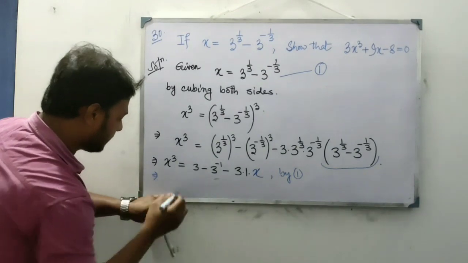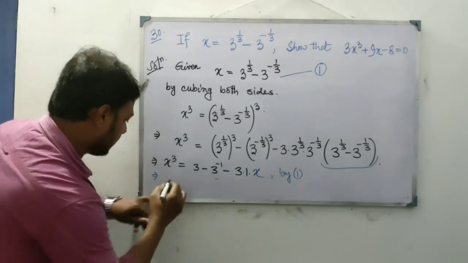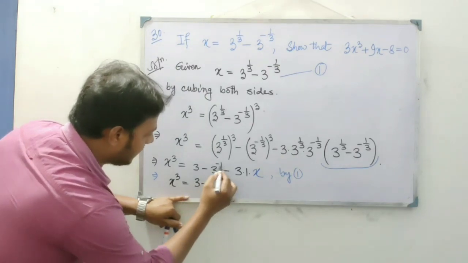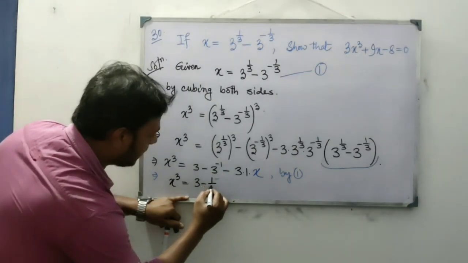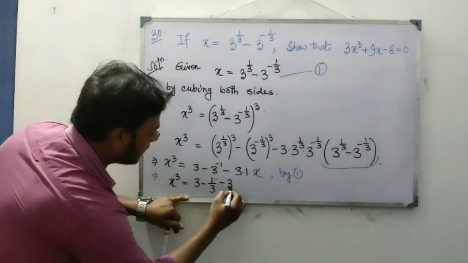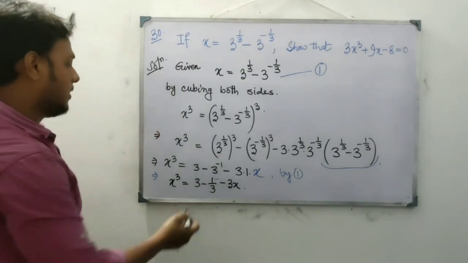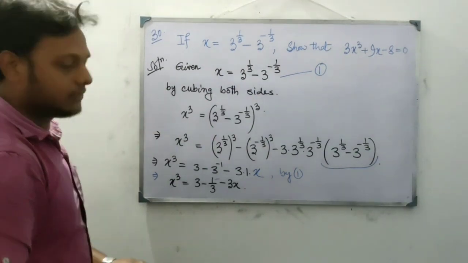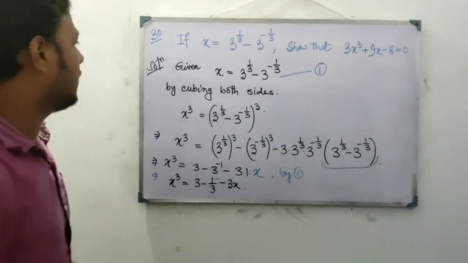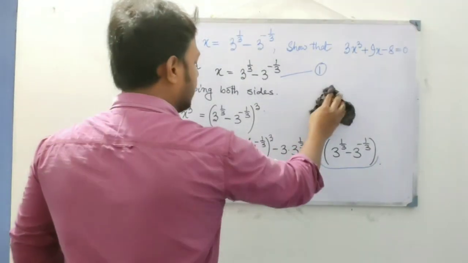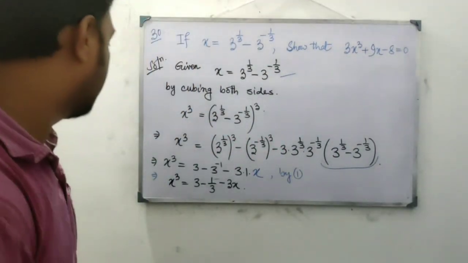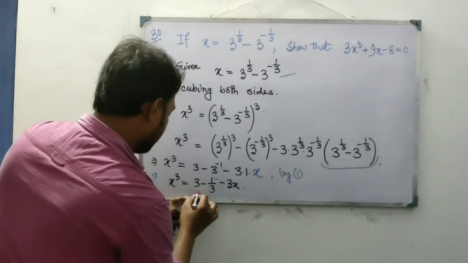It implies that x cube equals 3 minus 3 to the power minus 1, which can be written as 1 by 3, minus 3x. So multiply both sides by 3, then you will get the answer. I am writing here in red color.